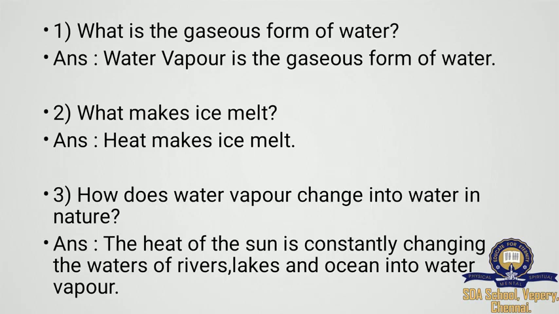The third question. How does water vapor change into water in nature? The heat of the sun is constantly changing the waters of rivers, lakes, and oceans into water vapor.